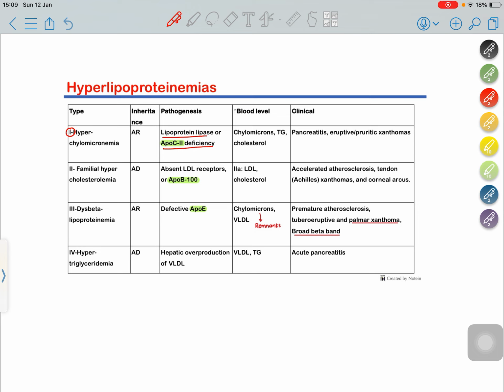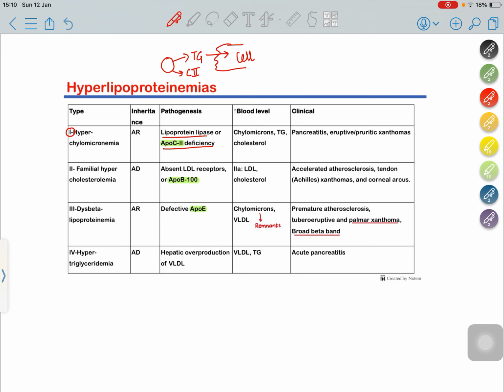ApoC2 is kind of an ID card which will be shown to the cell. Consider this is chylomicron going to the cell, telling that I am having triglyceride, please take it. But the cell will say first show me your ID card. So it will show the ID card ApoC2.